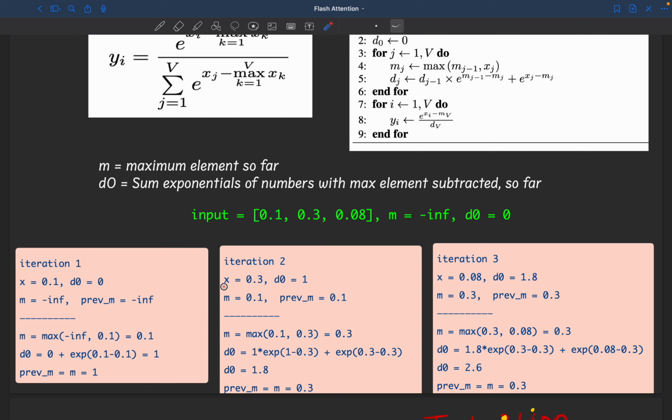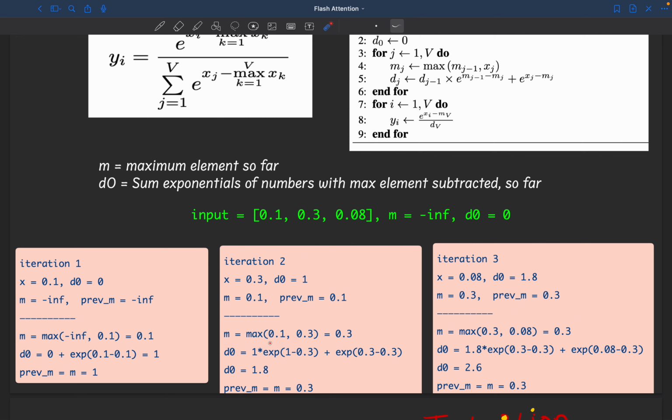That means now in the next iteration 0.3 is our x, and d is 1 because we calculated it previously. M is 0.1, that means in the previous iteration whatever we calculated is 1, and the previous m is also obviously 0.1. Now let's calculate this.